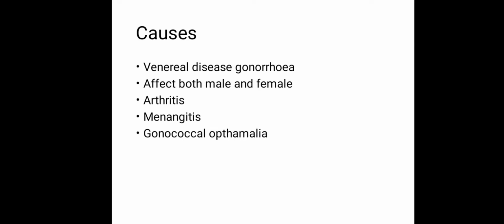Also it causes the arthritis, meningitis or gonococcal ophthalmia. Gonococcal ophthalmia is seen mainly in the newborn baby, where during the passage through the birth canal, it affects the eyes of the newborn if the bacteria is present in the birth canal.